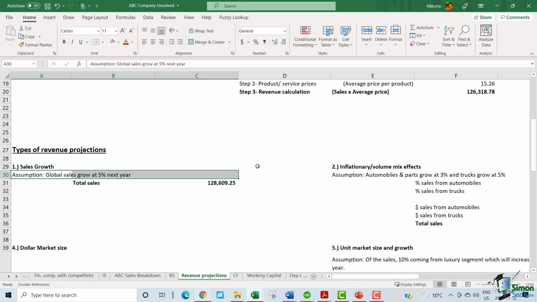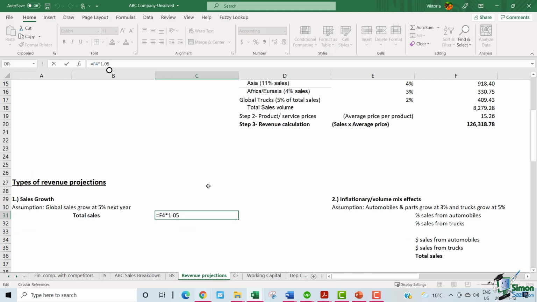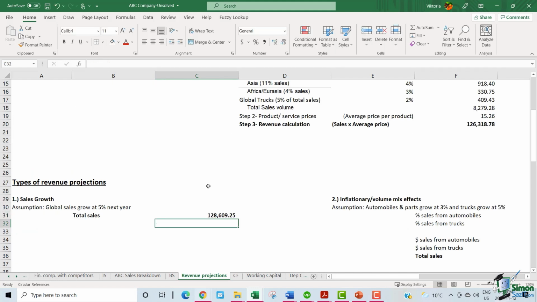In our example, the assumption is that the global sales will grow at 5% next year. So in order to calculate our total sales for next year, we use the net sales figure of $122,485 and multiply it with the 5% growth rate to arrive at the total sales figure of $128,609.25.